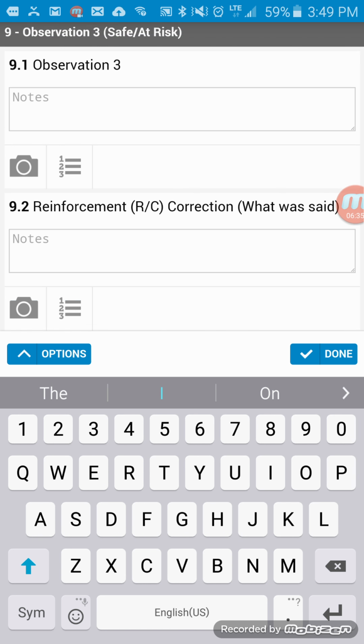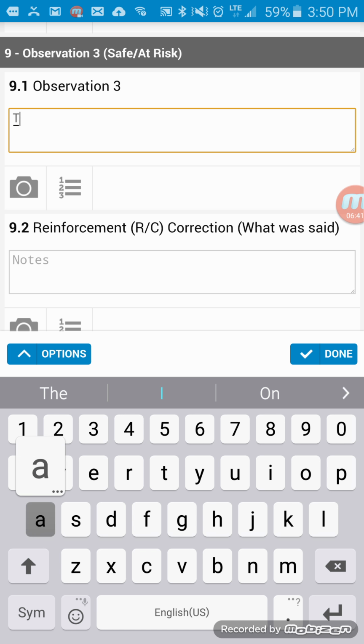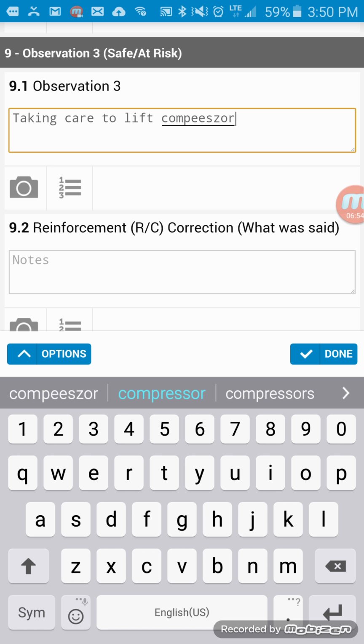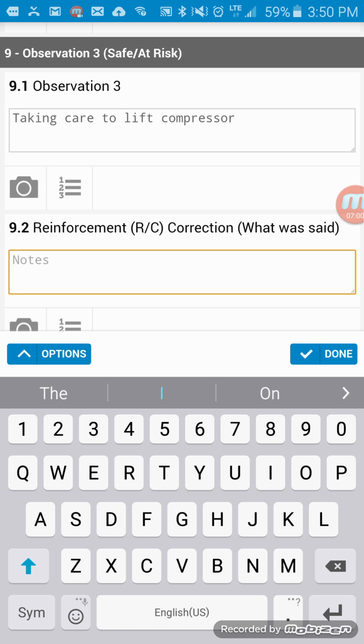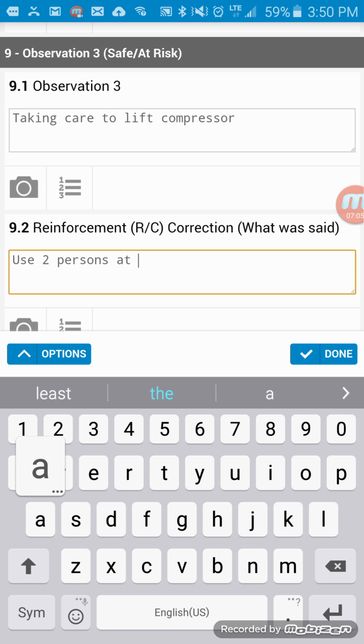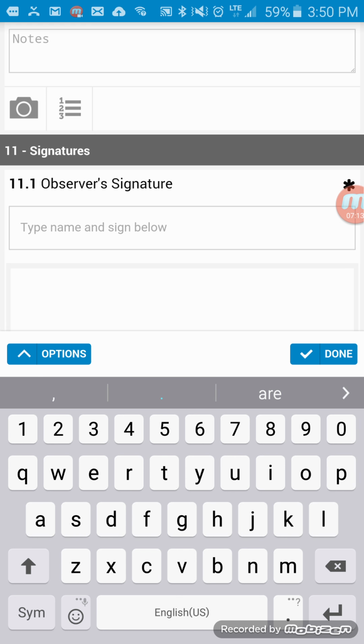We can add in here possibly the notion of taking care to lift compressor, reinforcement in terms of what was said. Use 2 persons at all times, if that was the case. So that may be all that we need.